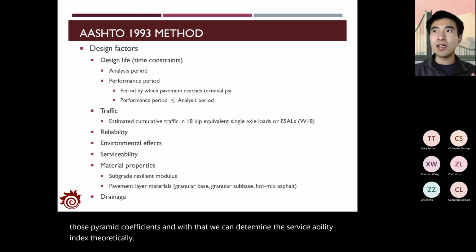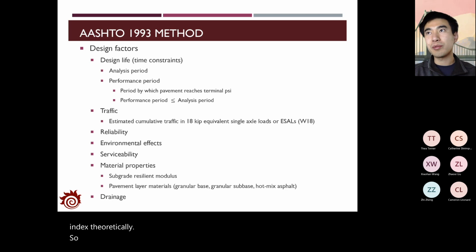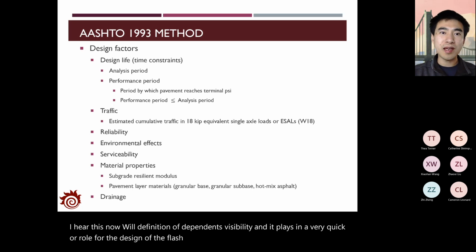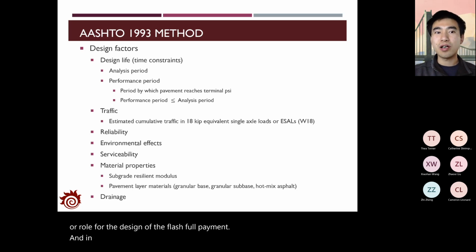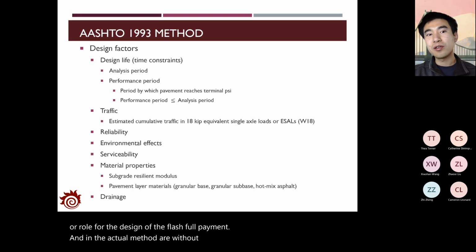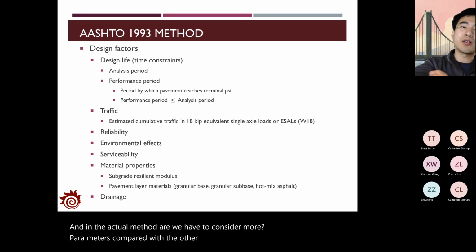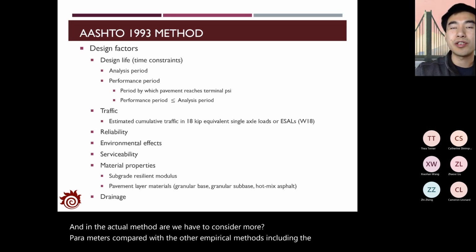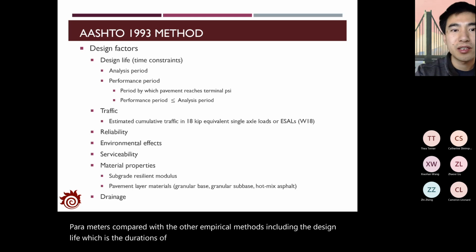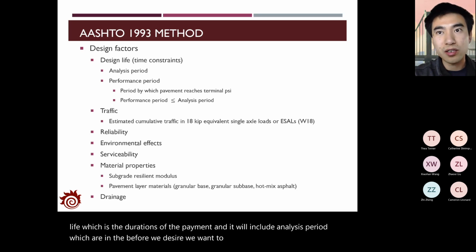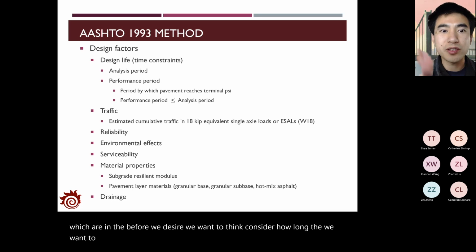So that will be a definition of the pavement serviceability, and it plays a very critical role for the design of the flexible pavement. And in the actual method, we have to consider more parameters compared with the other empirical methods, including the design life, which is the duration of the pavement, and it will include the analysis period, which is how long we want to do the evaluation about the performance before we design.